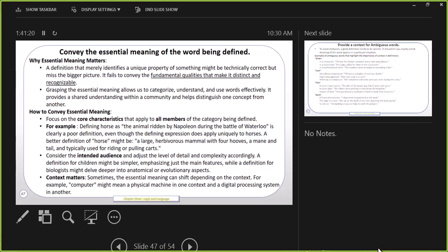It's a definition by genus and difference, but it fails to convey the essential meaning of the word being defined, which is human. Right? One limitation or weakness of definition by genus and difference is that they may tend to fail to convey the essential meaning of the word being defined.